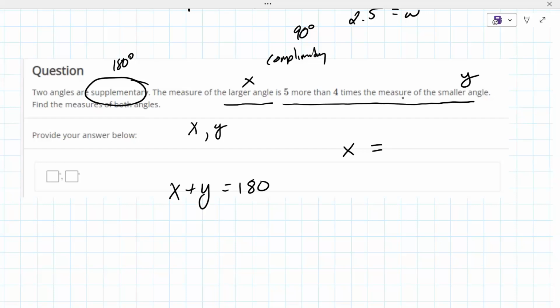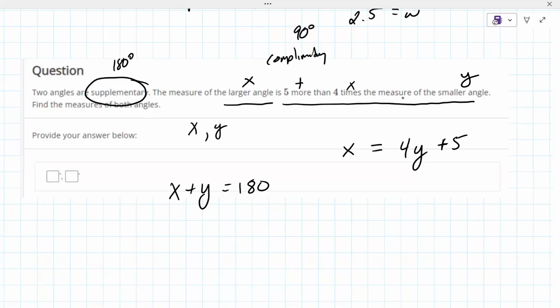Actually, try again. More means plus, times means multiplication. So it's 4y plus 5, 4y plus 5. Is that okay? You see how I came up with that? Yeah.